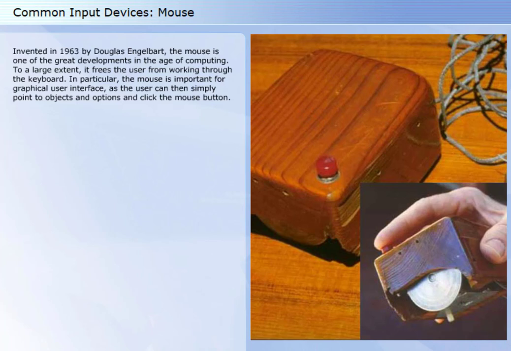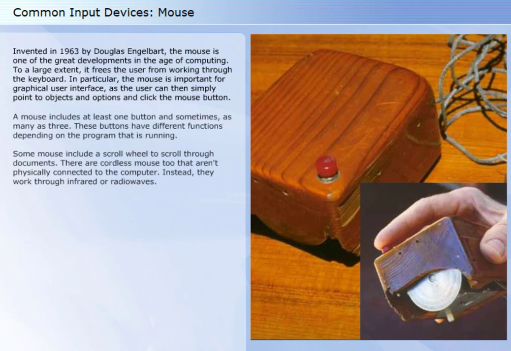To a large extent, it frees the user from working through the keyboard. In particular, the mouse is important for the graphical user interface, as the user can then simply point to objects and options and click the mouse button. A mouse includes at least one button and sometimes as many as 3.